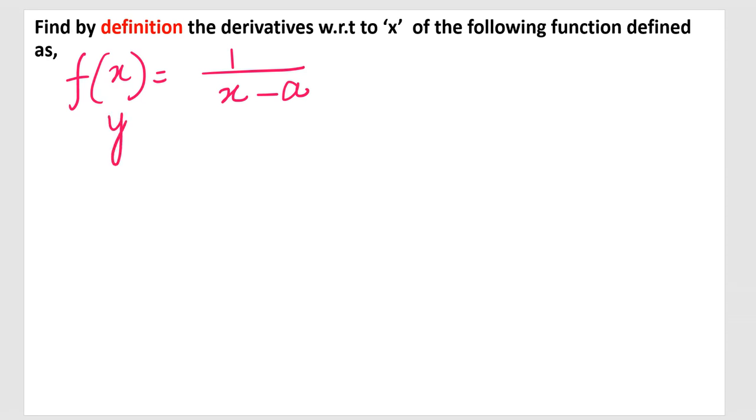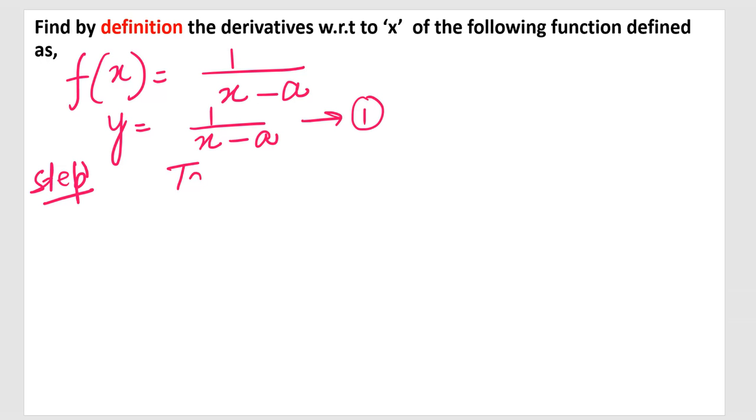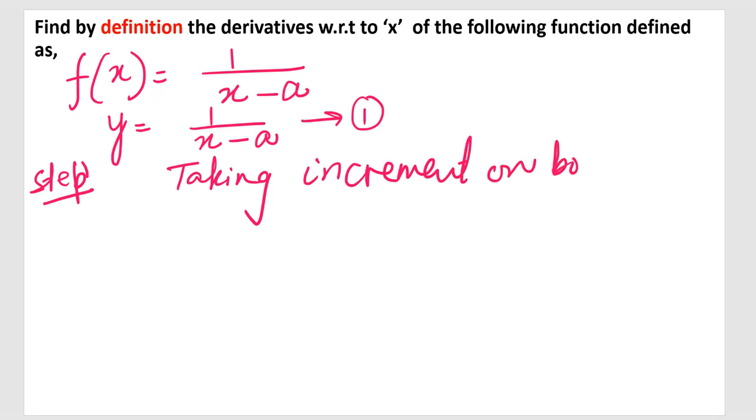First of all, I would say y is equal to, actually this is f of x, but I say y is equal to 1 divided by x minus a. This is my equation number 1. So my first step is step number 1, taking the increment on both sides of the equation.